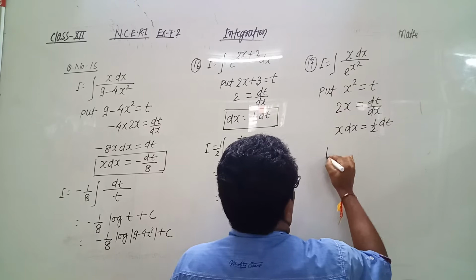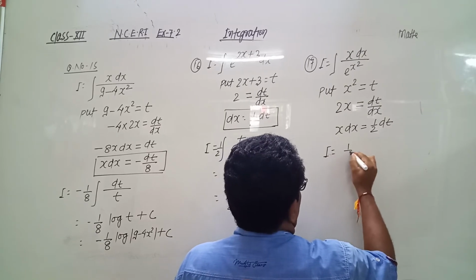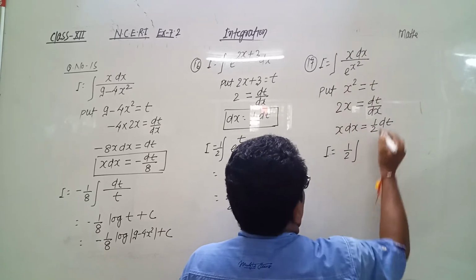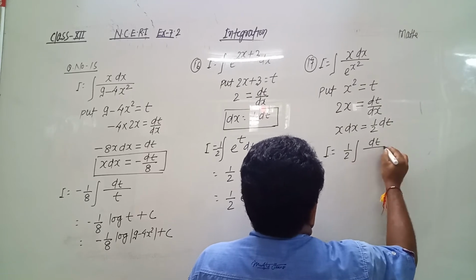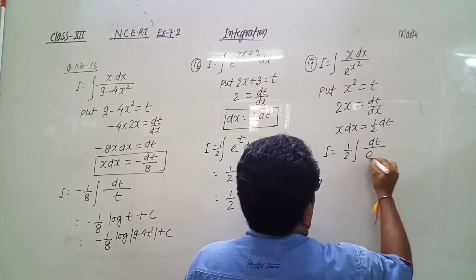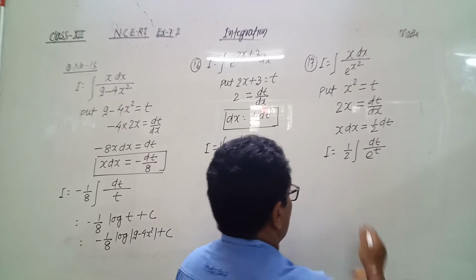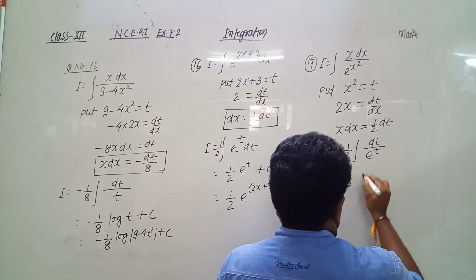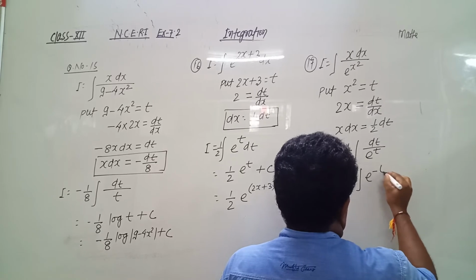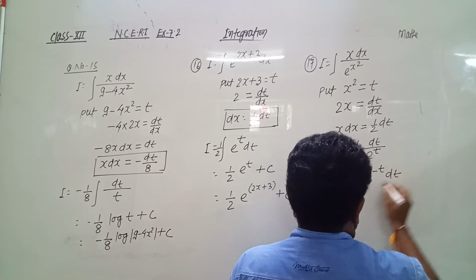Now put the value. So I equals half integration, x dx is written as dt, upon e raised to the power x square, so e raised to the power t. Then this becomes 1 by 2 integration e raised to the power minus t dt.